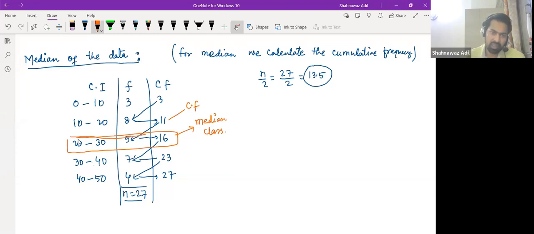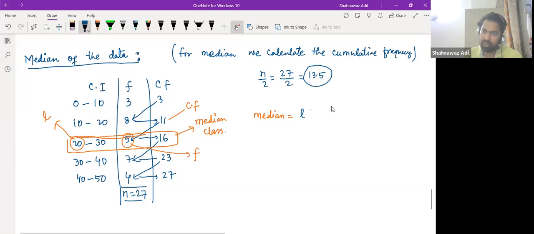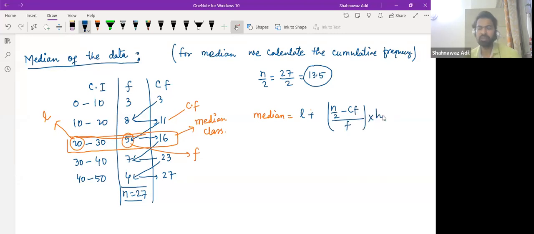And then we take the lower limit of the median class, and we take the frequency of the median class, so this is our F. So then our median would be L plus n by 2 minus CF divided by F into H. So this is how we get the median, understood, Rifa?